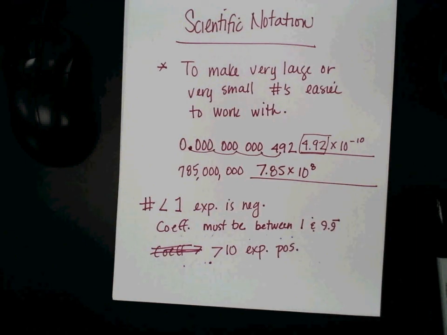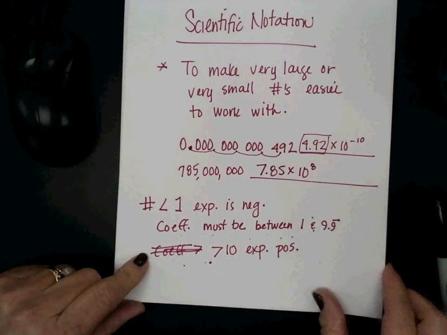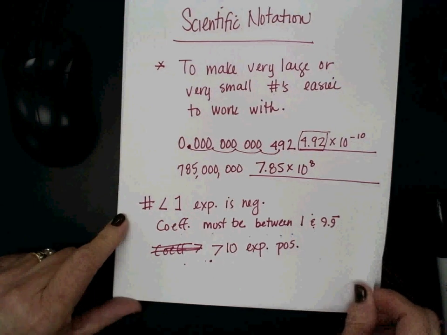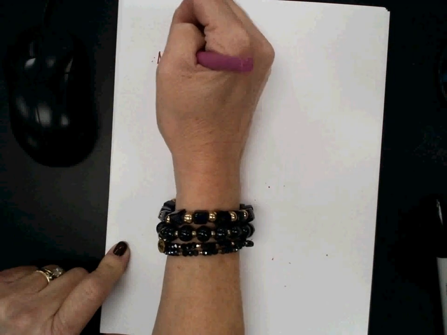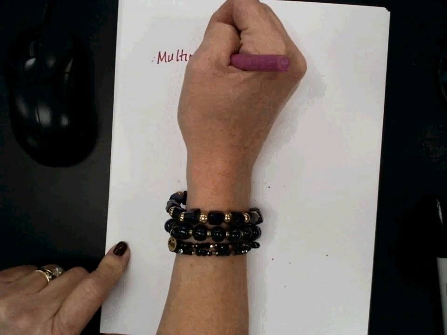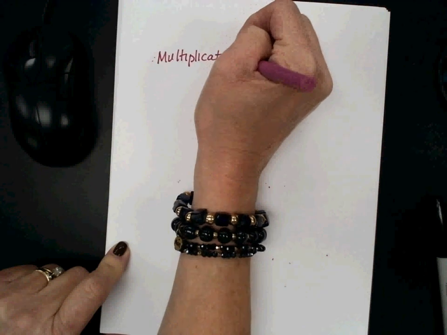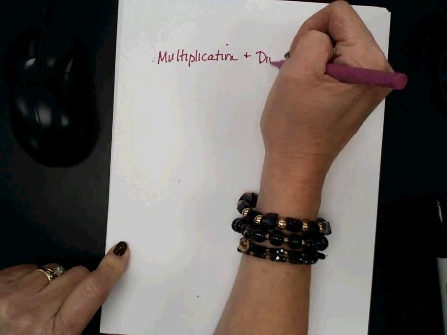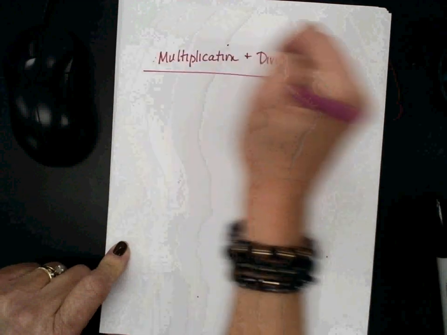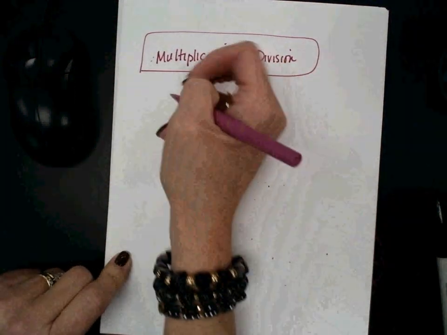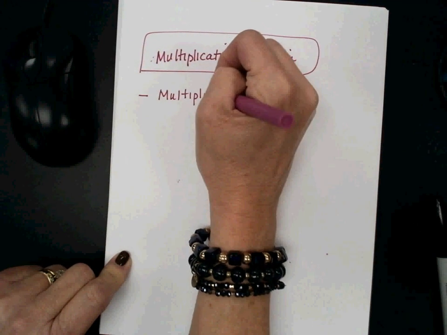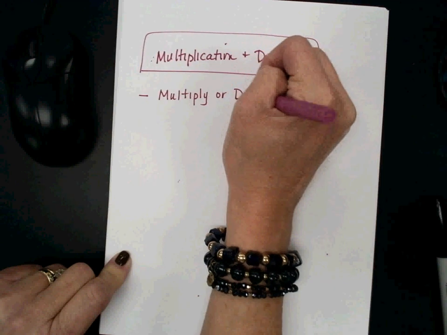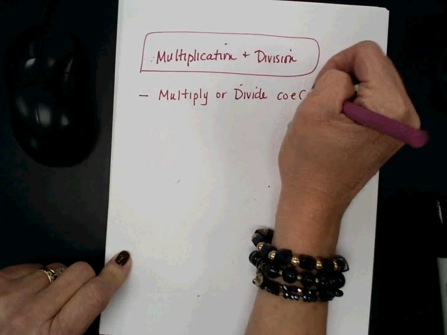So then the next thing that we have to be able to do is math with scientific notation without the old calculator. So let's look at that. I'm going to start with what I think is the easiest, the multiplication and the division. When you're working this, you either multiply or divide the coefficients.